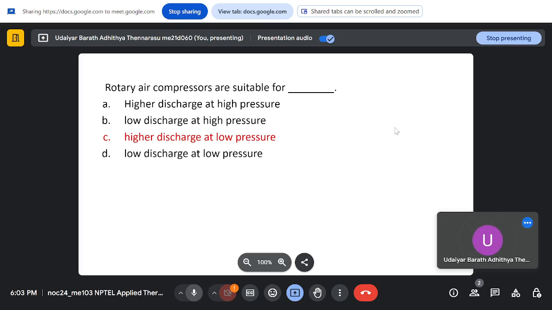There the requirement for cooling is very high, so you need a bigger plant. Where you need a higher mass flow rate, in that case you go for a rotary air compressor. So where the discharge requirement is higher, hence the option is C, higher discharge at low pressure.